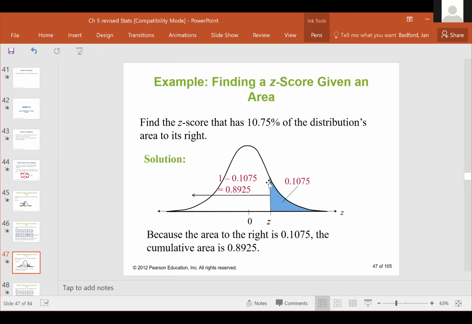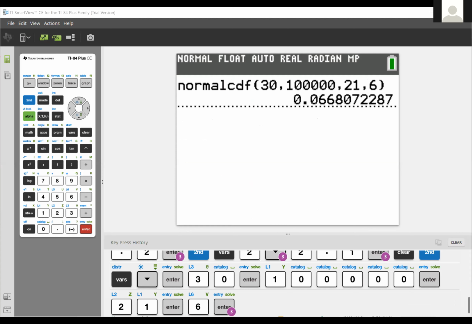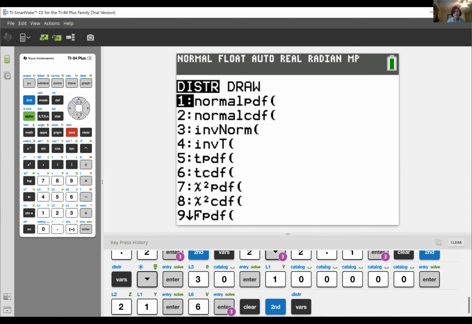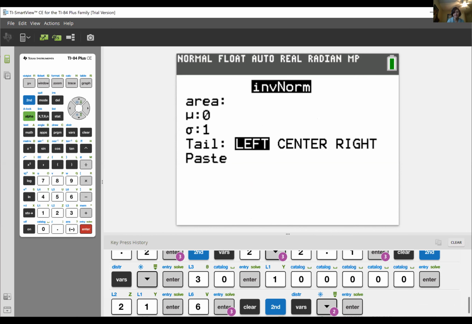Mm-hmm. Okay, so if I pull up the calculator, here's what I need to do. I'm going to go back to second vars, but instead of normal CDF, I'm going to go to inverse norm. What is the inverse of something? Isn't it typically the opposite? You switch things, right? That's what we're doing here. We're switching by knowing the probability so we can find the Z-score.